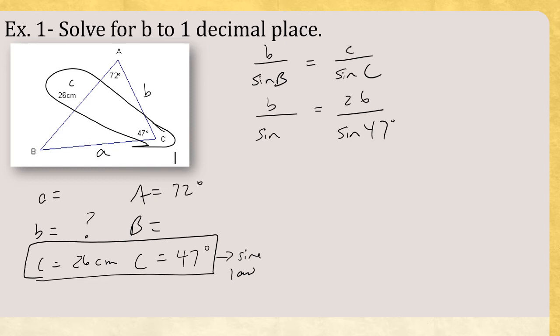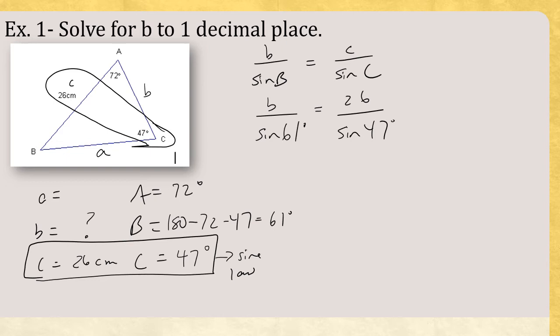So if I want to figure out what B is, just 180 minus 72 minus 47, which if you do some quick math, we should get 61 degrees. So there's my angle B. So now my uh-oh goes away.